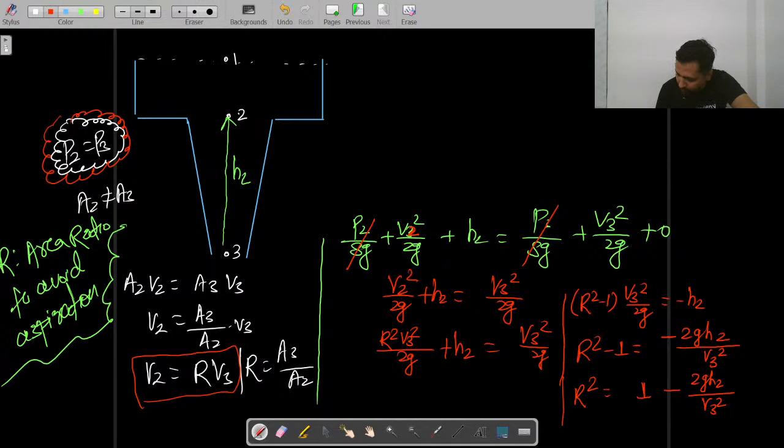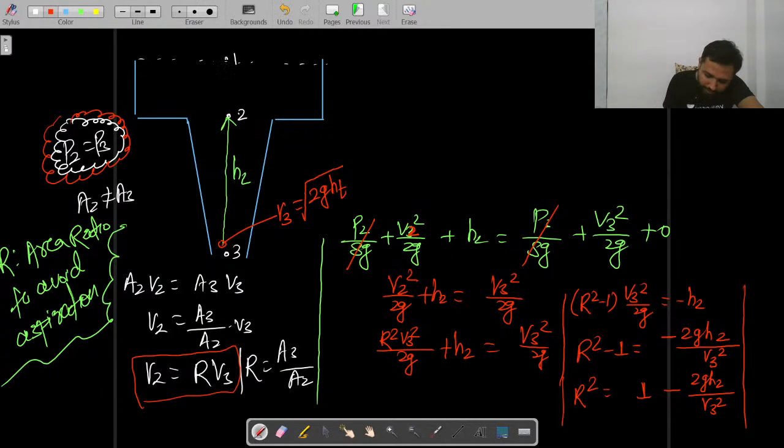You see, we know what is V3. V3 is equal to, here 0.3, V3 will be equal to square root of 2gHT, where HT is what? Total height, H1 plus H2, this is H1, H1 plus H2 is equal to HT. Yes, great.